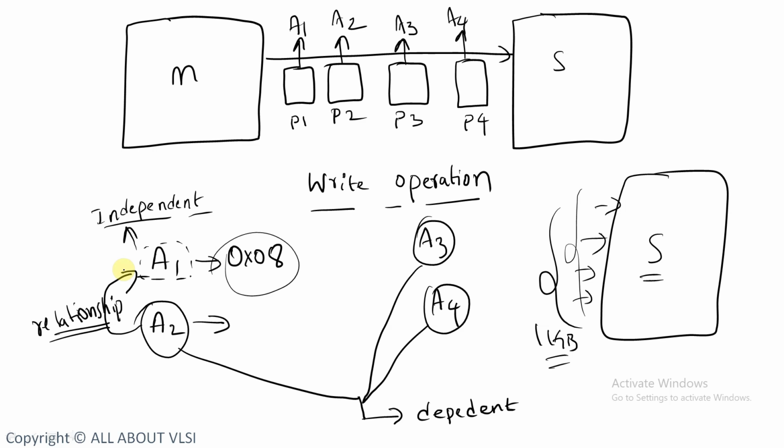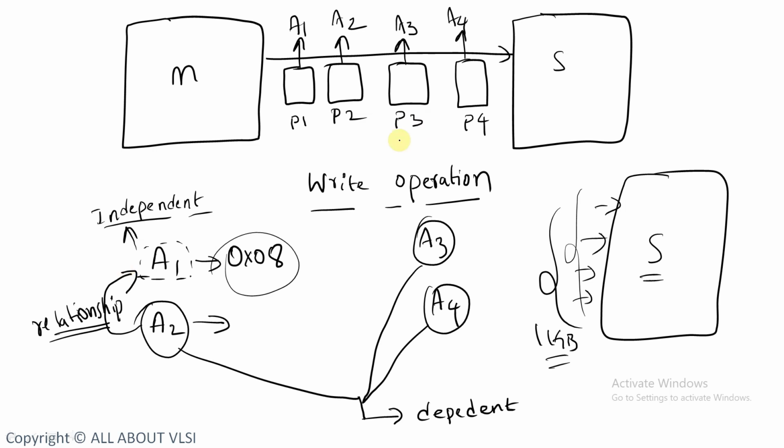It is just randomly taken from the pool of addresses, that is the 1 KB addresses which are available. From that only we have taken the starting address. Coming to the second address, that is A2, it is not a random address. There will be some relation between your address A2 and address A1. That relation we are going to see in our upcoming slides.